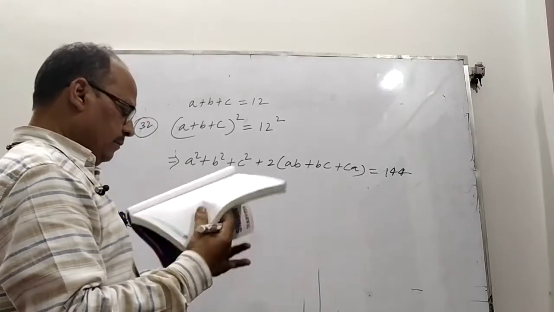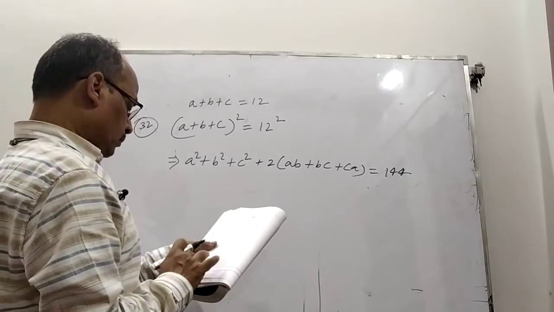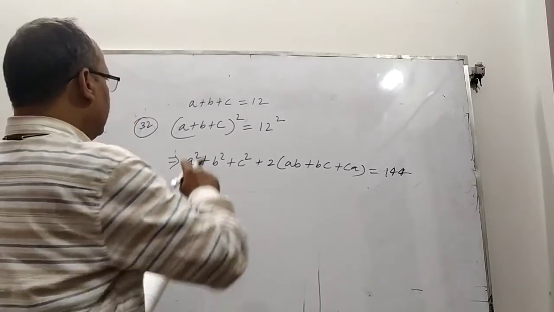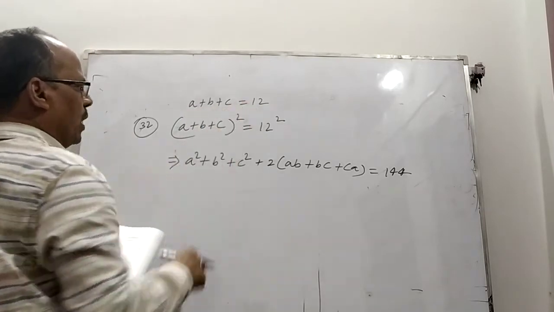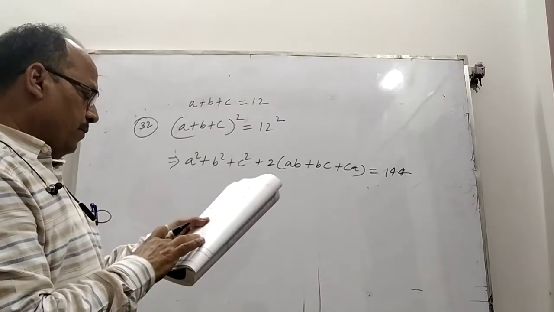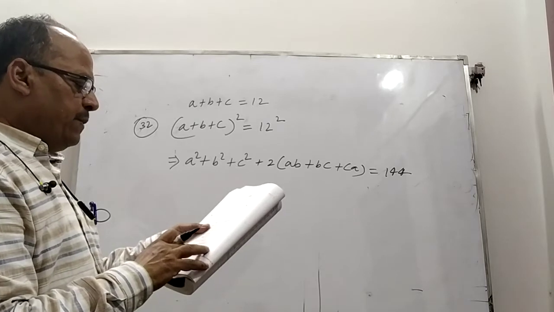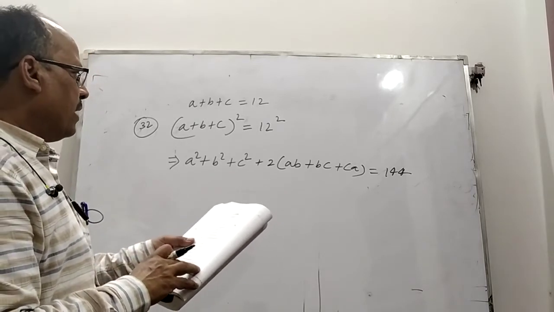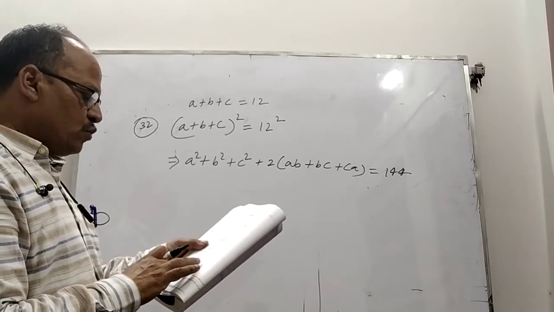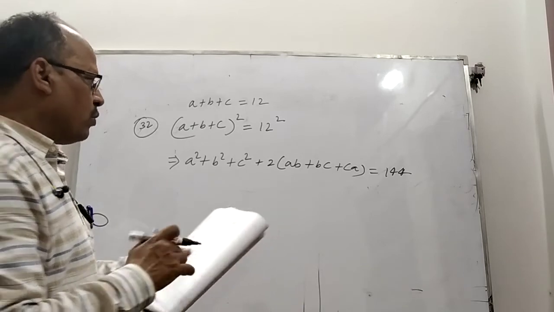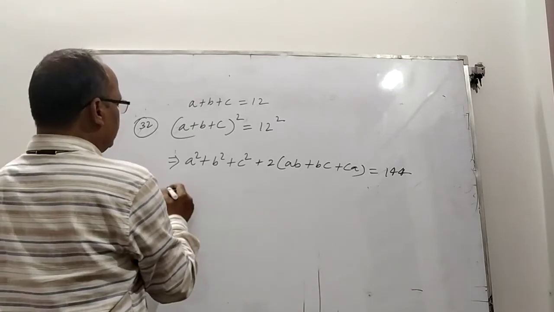What is given here? Here it is given A plus B plus C equal to 12. Find the value of AB plus BC plus CA. And what other value is given? A square plus B square plus C square equal to 100 is given.